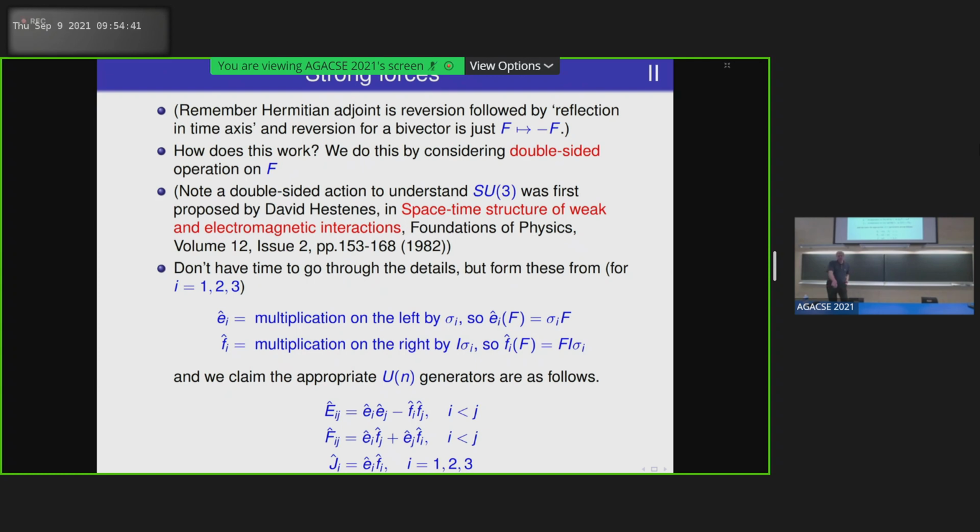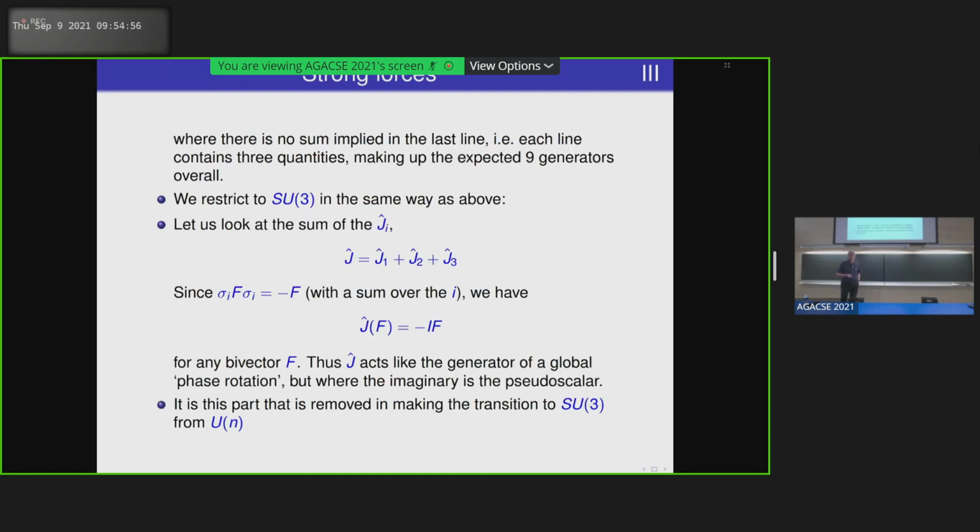So we then define the same sort of thing as before, an E_ij, which is an e e f f, and a big F, which is an e f e f, and then the J's again. And it all starts going through the same way as in Lie groups or spin groups, but now this is all just in the STA. And in particular, the restriction from U3 down to SU3 happens the same way as before.